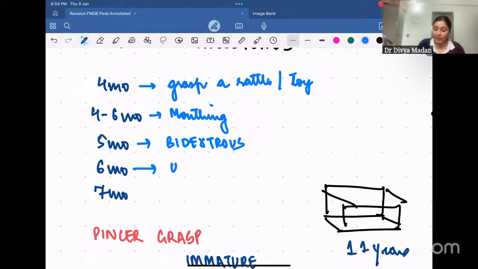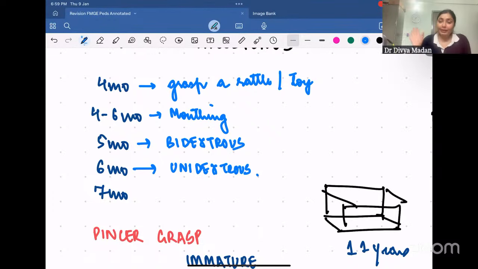Thereafter, it is the unidextrous grasp, that is holding with one hand. And thereafter, the child will realize, why am I holding things like that with my whole hand? I'm human. God has given me an opposable thumb. I can hold things like that also. The child will try to hold things in a pincer grasp-like position.